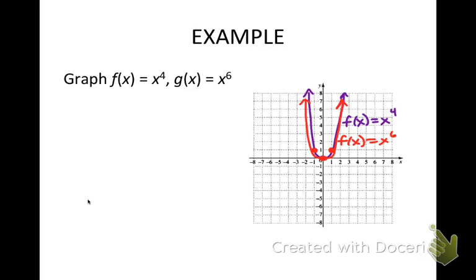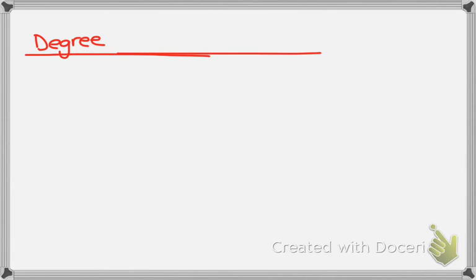Good. All right, so let's make a quick chart to talk about what end behavior actually looks like for our graphs. So let's make a quick table here. I want you to put the degree. Let's make a column for leading coefficient.